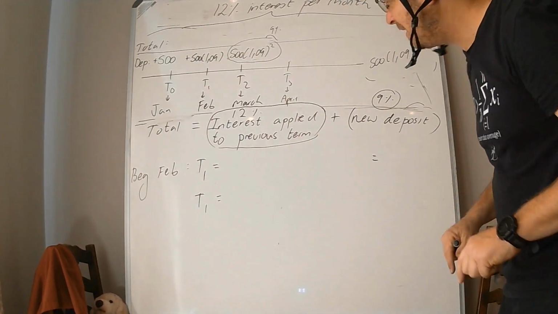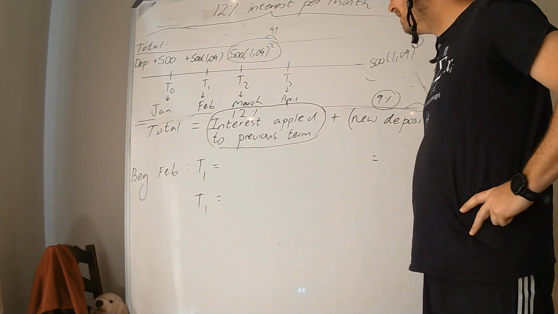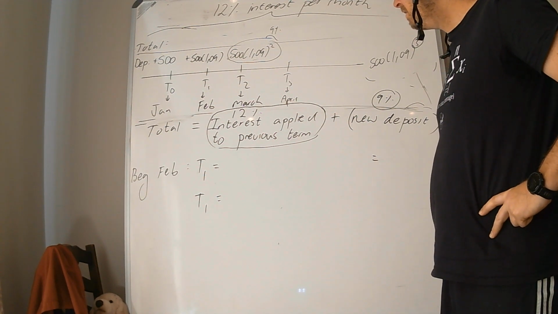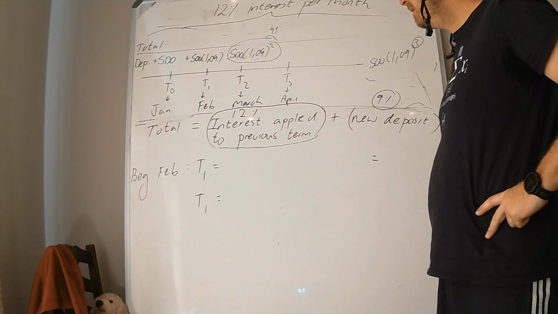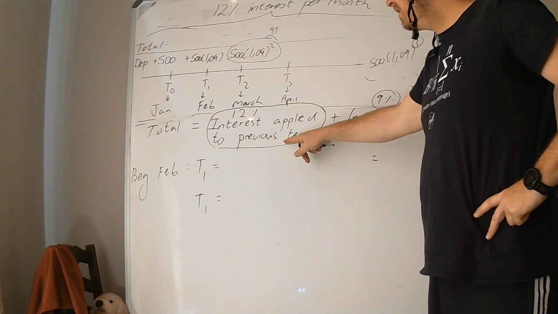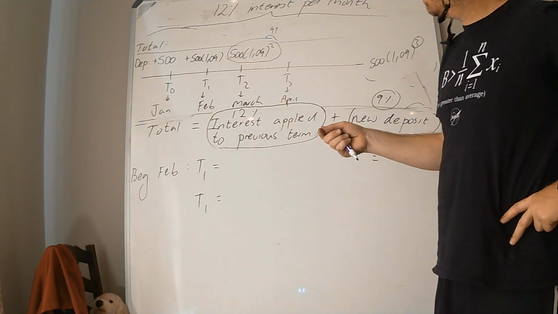Right, Amira, you're going to do this next one for us. Question B, in question A of question 2, it says, what's the total at the beginning of February and the beginning of March? Now, your key idea is to get a total at the beginning of February, immediately after your next deposit is made.